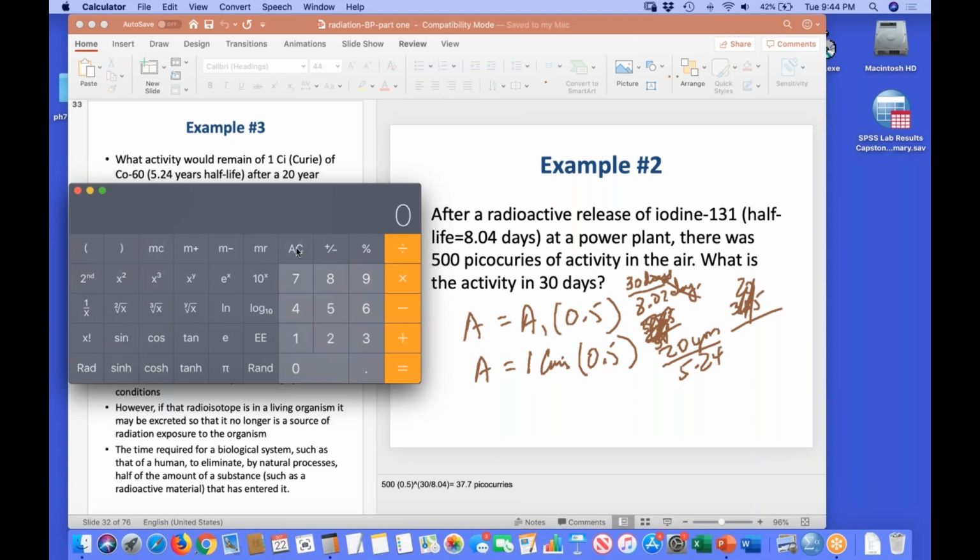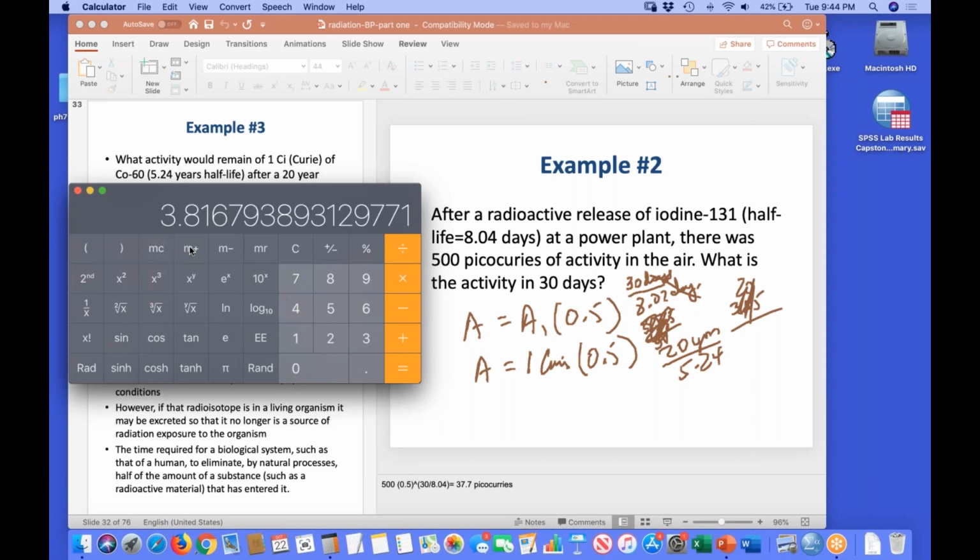Oh, crap. I bounced and hit that. Well, I need to put it into memory so I can do the multiplication. 20 divided by 5.24 is equal to 3.81.